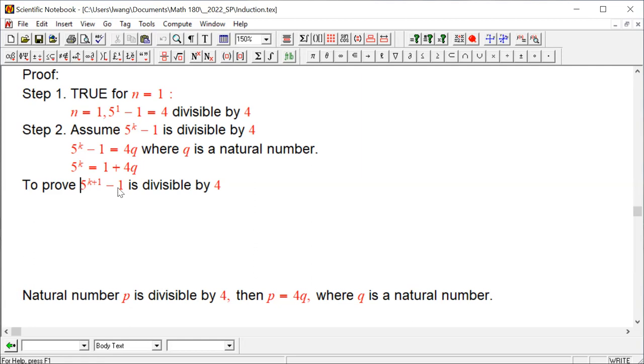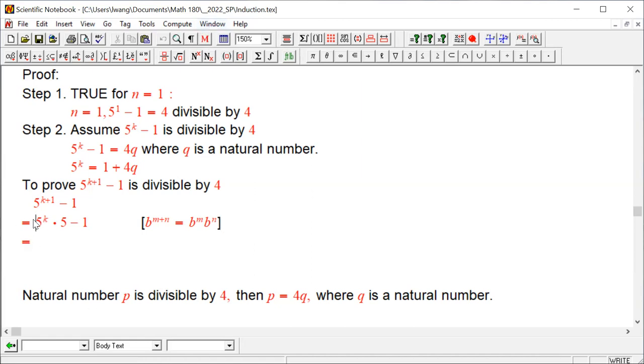And now we can work with 5 to the power of k plus 1 minus 1. So how do we express it? Well, we just write it down: this is 5 to the power of k multiplied by 5, then minus 1. So what did we use here? We used that b to the power of m plus n is equal to b raised to the power of m multiplied by b raised to the power of n.